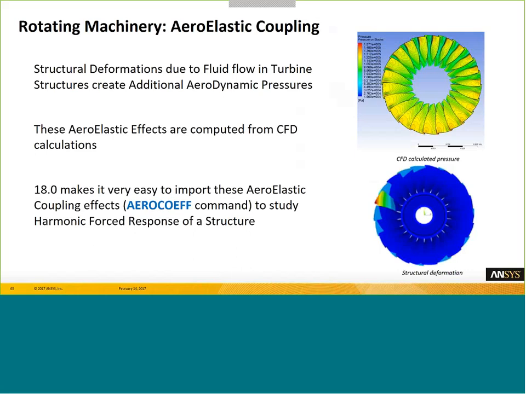So if we want to carry out a harmonic analysis from that, we can take the damping from the CFD analysis and use this to carry out the harmonic force response analysis on the structure. So we get a much more accurate representation of what the fluids are doing to the structure in terms of its vibrational response. So adding a lot more fidelity there, and it's an easy way to do this using a new AeroCoif command.